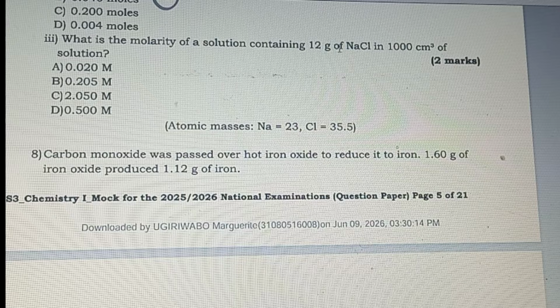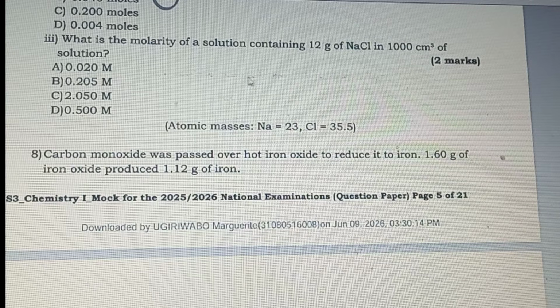And then we have the mass of this compound. The number of moles is equal to the mass over molar mass. You get 12 over the molar mass of this compound, 58.5, which gives 0.205 moles. And then if you get moles, you can calculate molarity using the formula moles over volume.